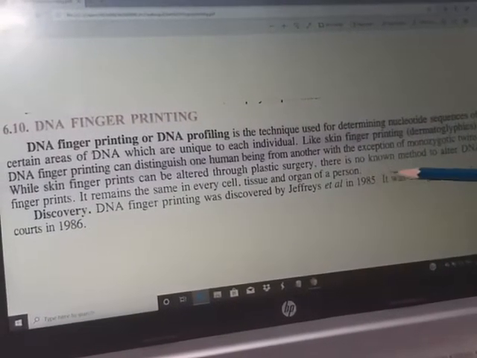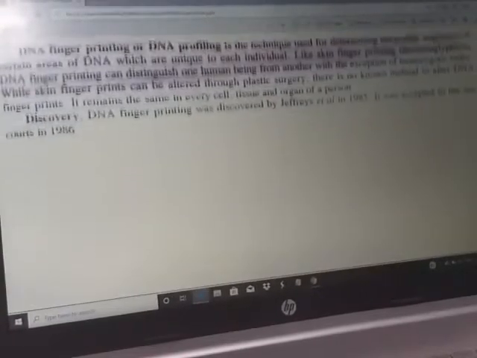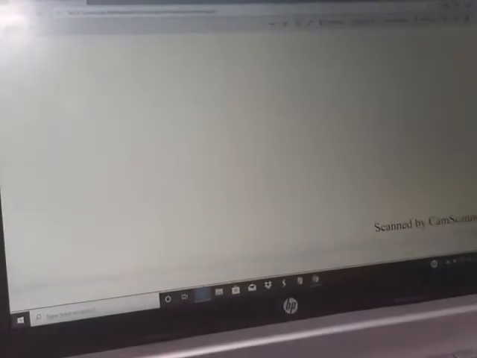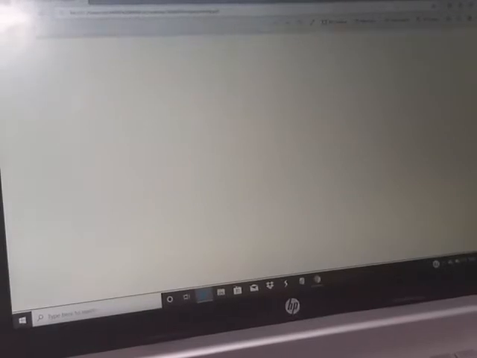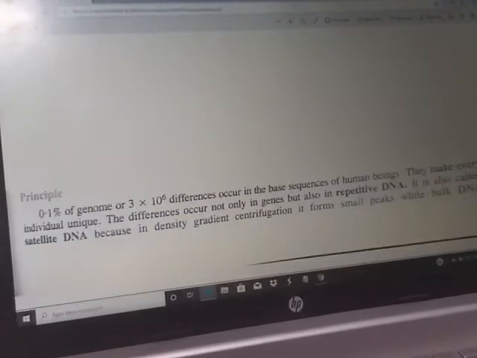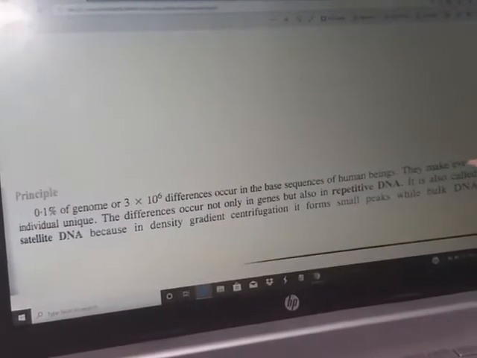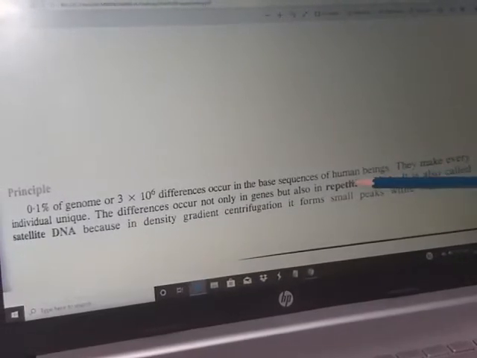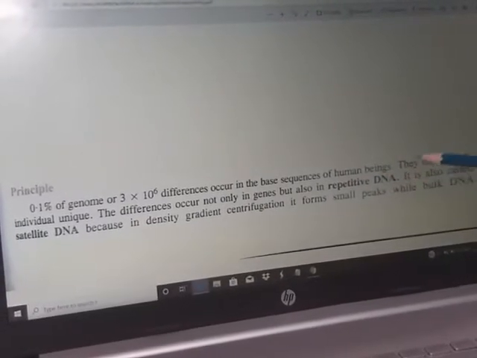Now regarding the principle of this technique, it is based upon VNTR. I'll take you through what VNTR is, which is related with repetitive DNA.